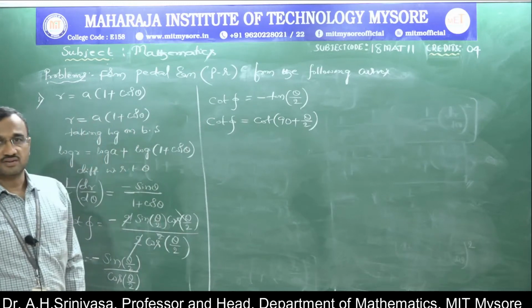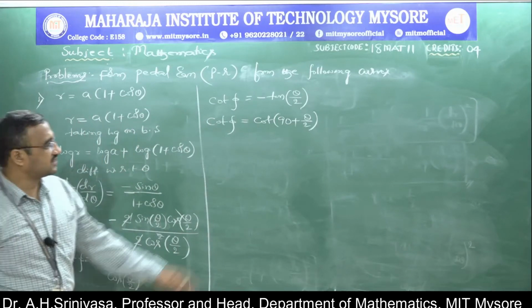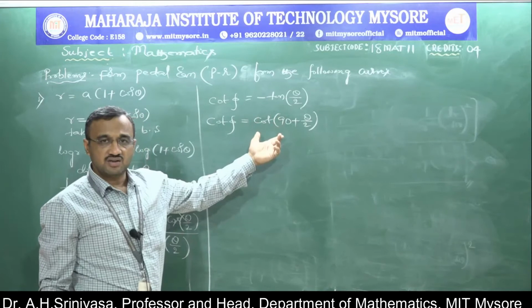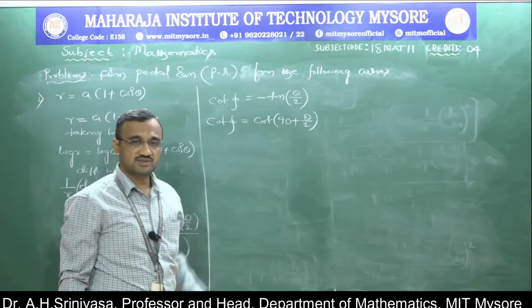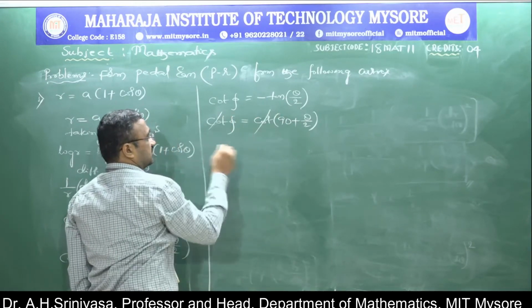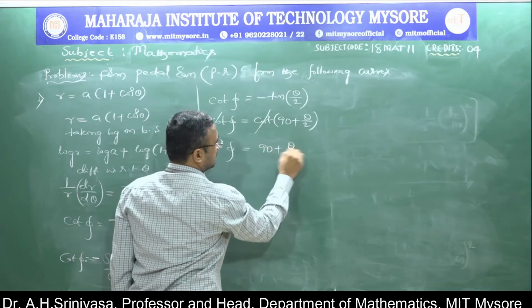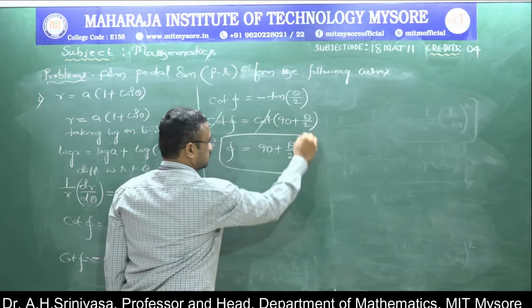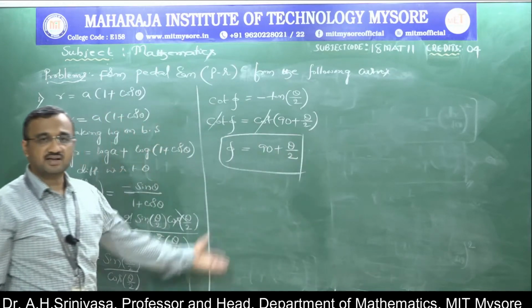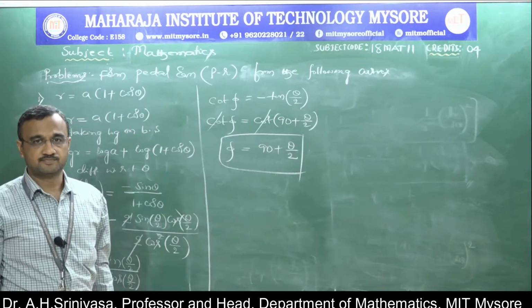It is the second quadrant. Sine is the only positive, the other functions are negative. So write cot of 90 plus theta by 2. Now cancelling cot, phi is 90 plus theta by 2. Now we get the angle phi, so directly we get the value of phi.